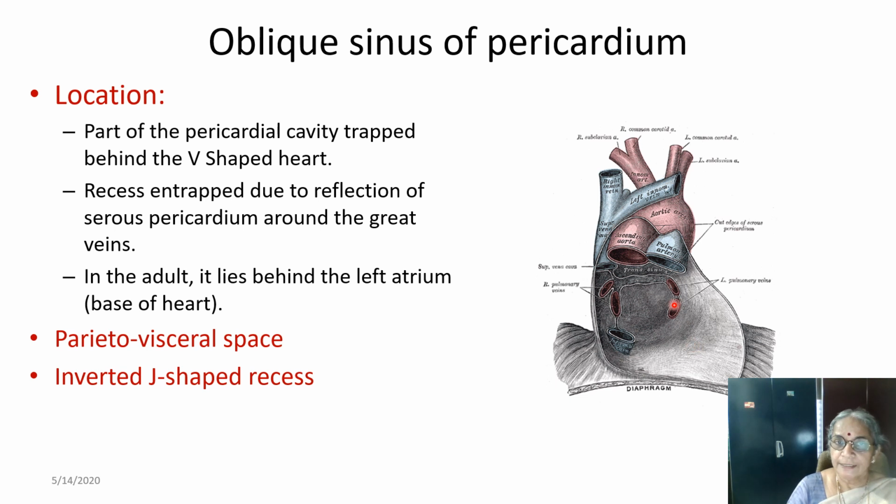So this space, that is the oblique sinus, is the space between the parietal and visceral layers of pericardium. That's why it is a parieto-visceral space. And it is in the form of an inverted J-shape, J-shaped appearance.